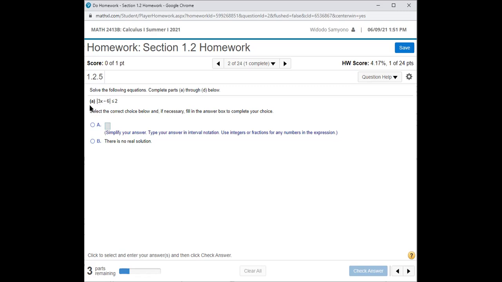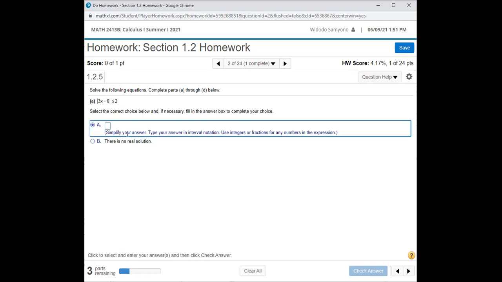So on the left side, you have negative 2 plus 6, so you got 4. And on the right side, you got 2 plus 6, you got 8, right? Okay, so that means this is the answer, right? Simplify your answer and type your answer in interval notation. Use integer or fraction for any number in the expression, right?